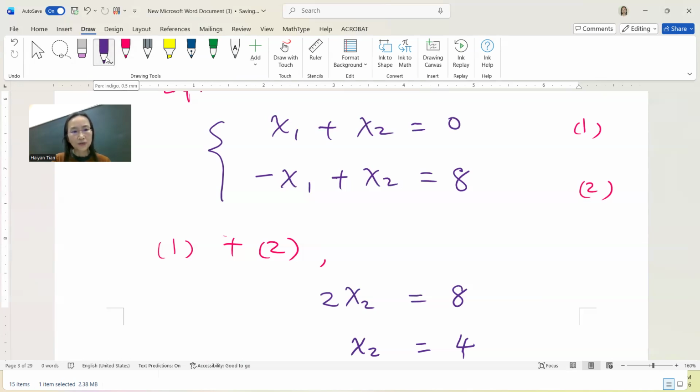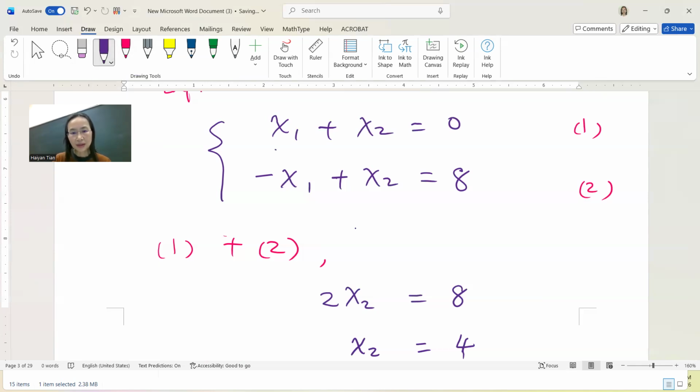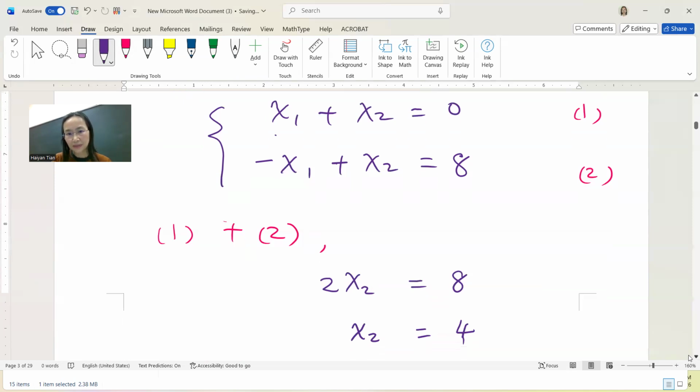So if x2 is 4, what is x1? Let's say I substitute 4 into the first equation. Because x2 is 4, in order for the first equation to be true, x1 has to be negative 4.